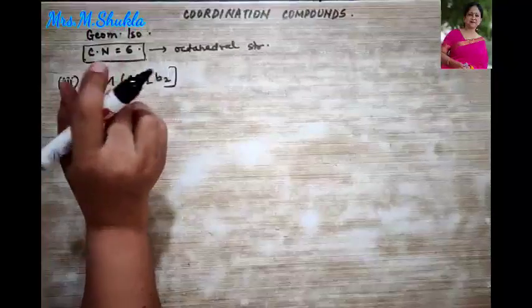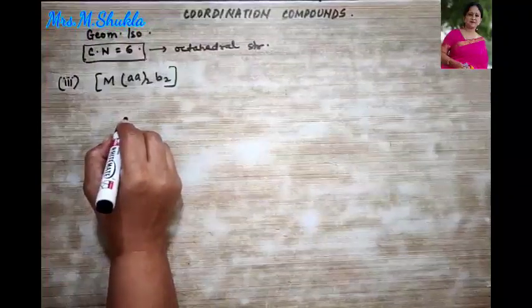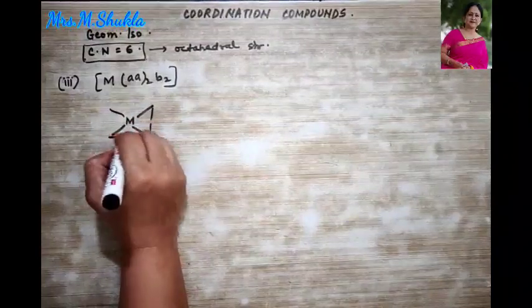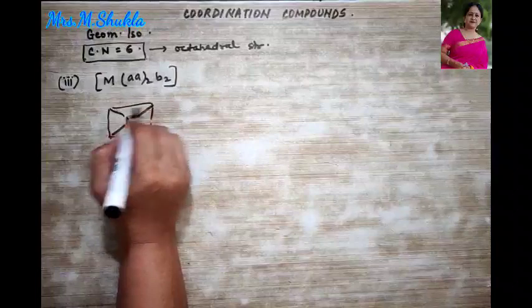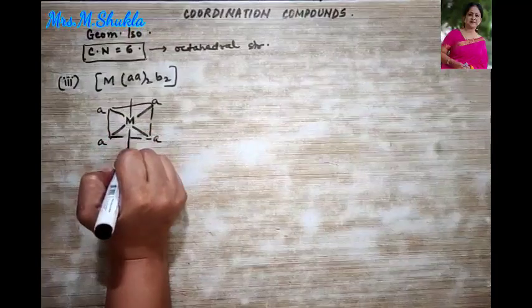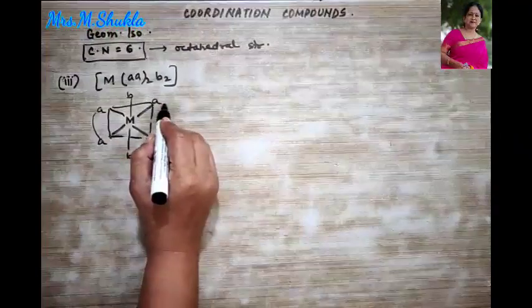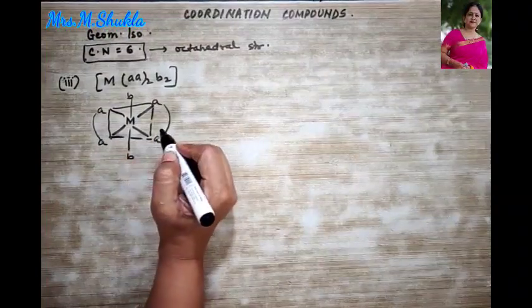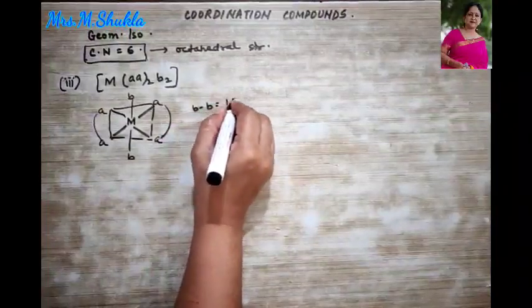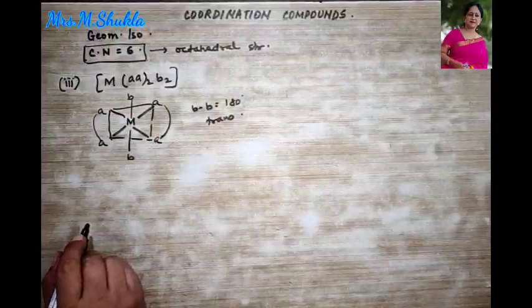MA2B2. Okay, let us look at this combination. So this is also going to form trans or cis. How? Let's see that. M, this could be A, this is B, B, and you will see they form geometrical isomer.